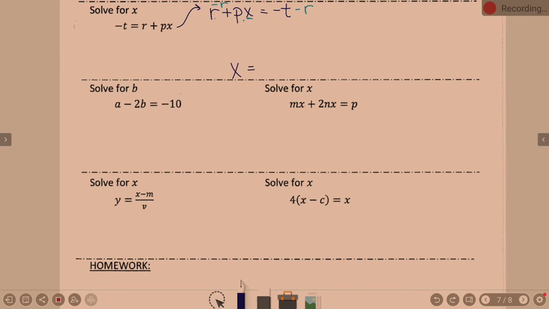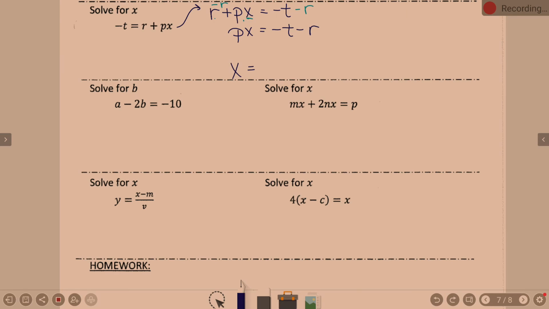What do I still have on this side, though? Px. On the right, I had negative t, and now I'm subtracting r. Negative t minus r is negative t minus r. Remember, you can multiply anything you want, but add and subtract, you just leave it as is.